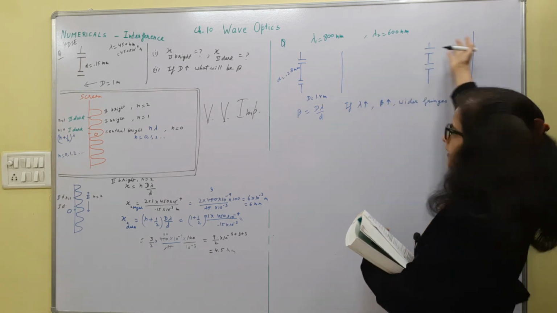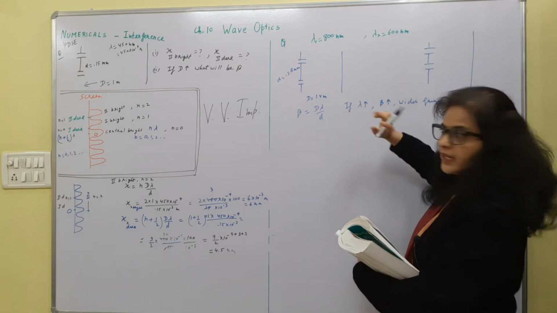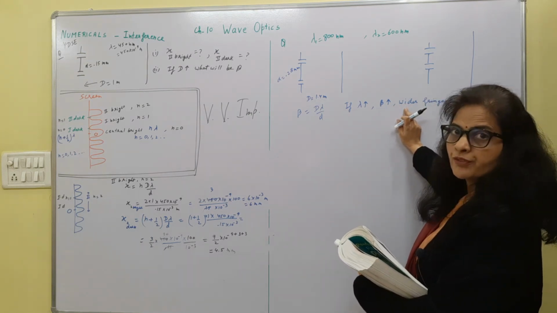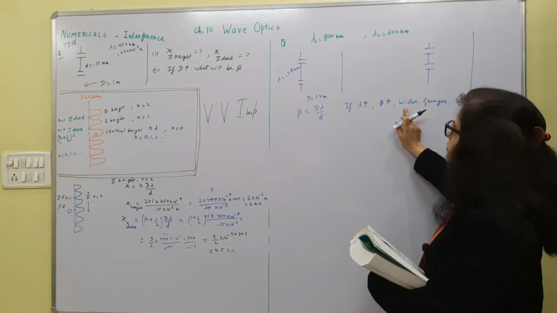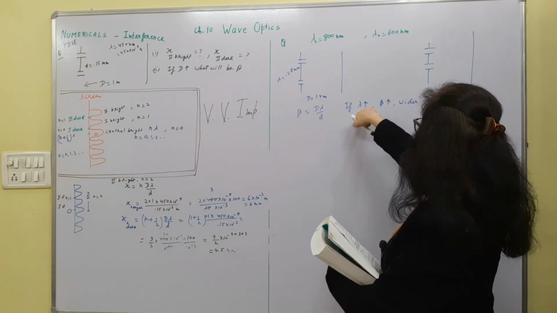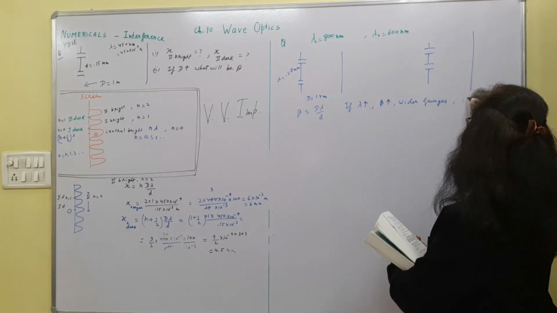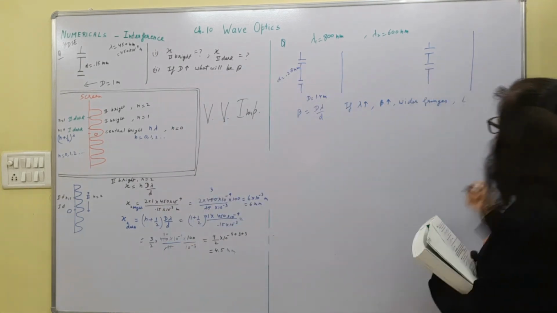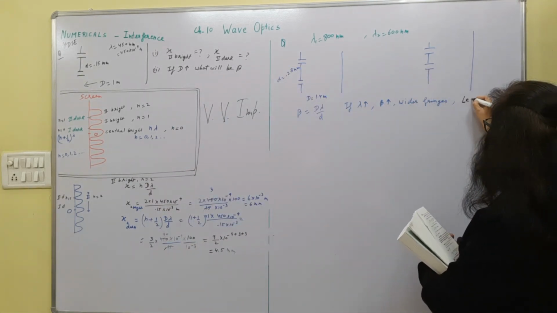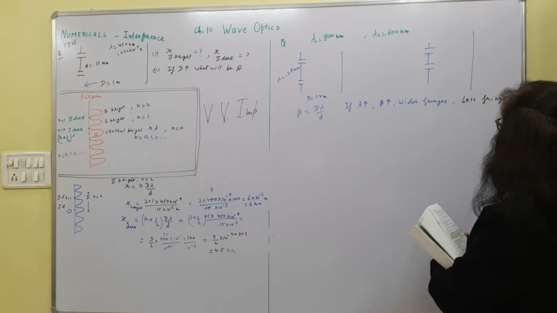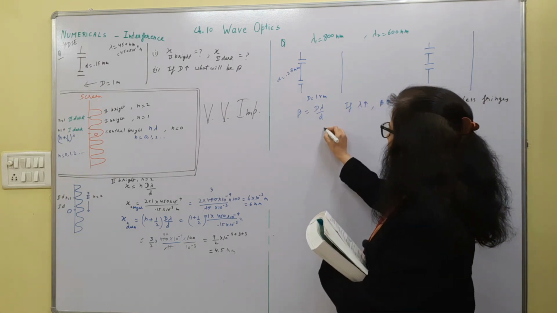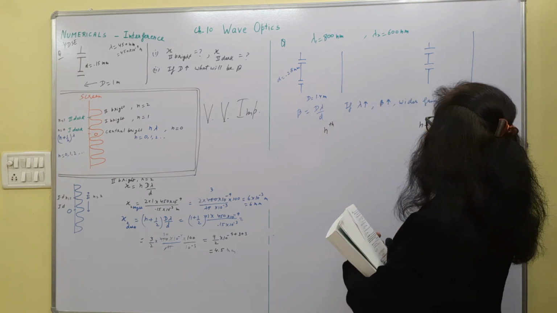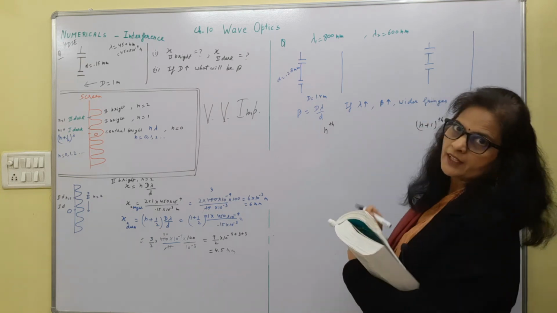Suppose here nth, here n plus 1th. Now which one will be the nth? We know that if fringes are wider, then the number of fringes is less. So if here the nth fringe is there, because here the wavelength is more, then here the n plus 1th fringe will coincide with it, right?